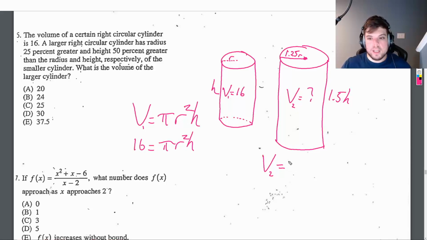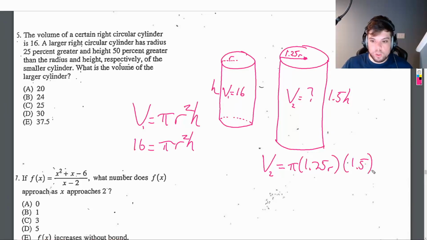V2 is pi times 1.25 r times 1.5 h, and the r is squared. So now we figure out, okay, so let's make this easy.